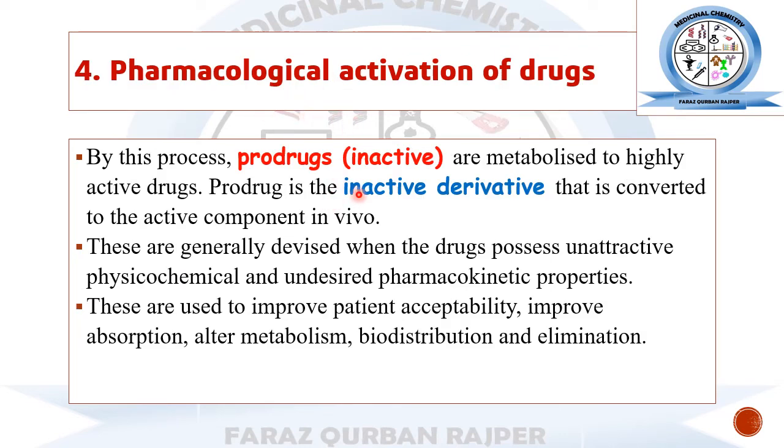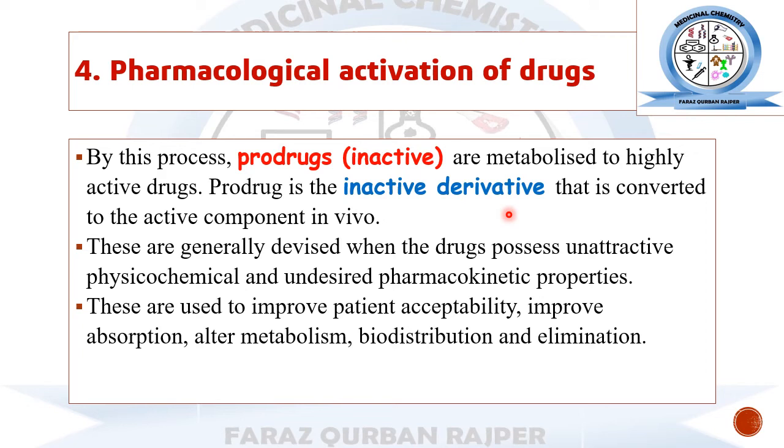Pharmacological activation of drug basically refers to a special type of drug molecule, the prodrug, that is itself inactive but is converted into a more active, pharmacologically active form inside the human body, in vivo. For the details of the prodrug, you may refer to the link given here.